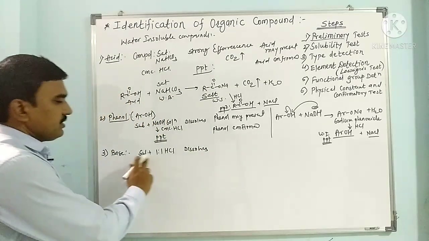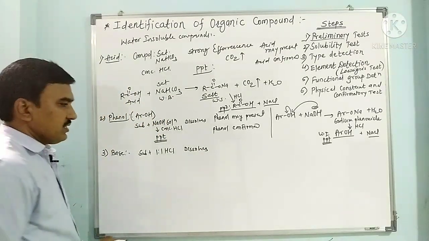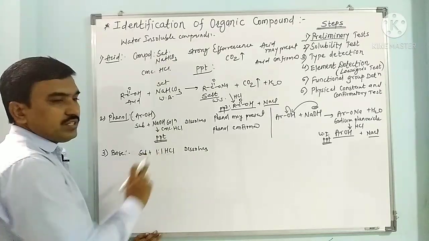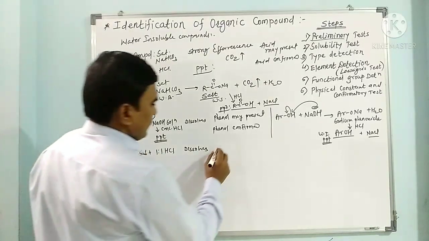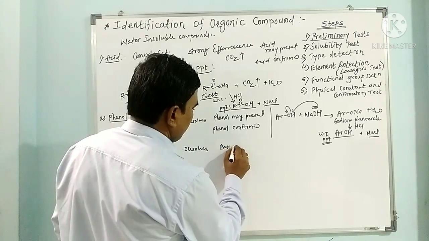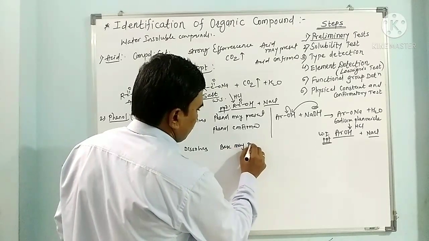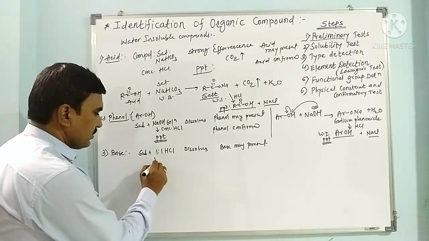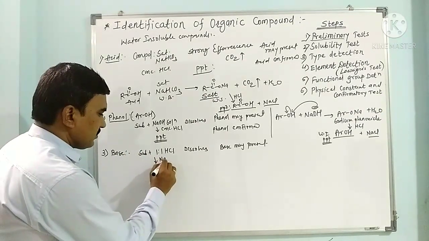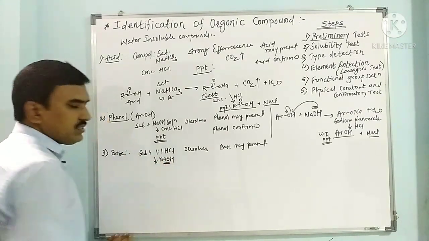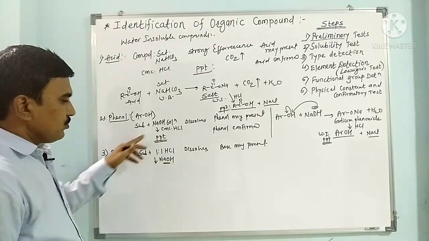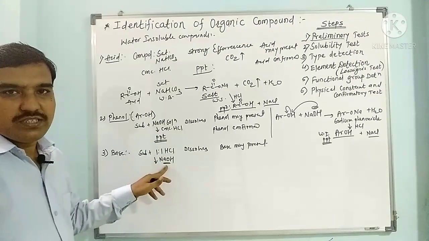So bases are dissolved in 1:1 HCl. Because this is acid, bases are amines, they form hydrochlorides. So we can say that base may be present. But to confirm this, we have to add NaOH to this solution. NaOH is a strong base. Then to this salt, we have to add strong base NaOH.